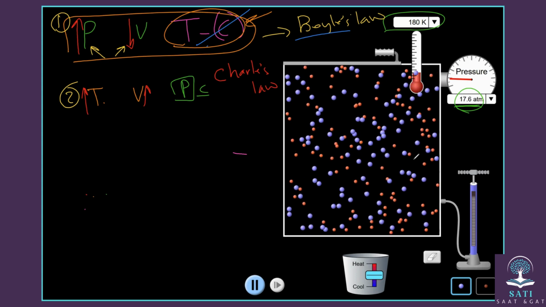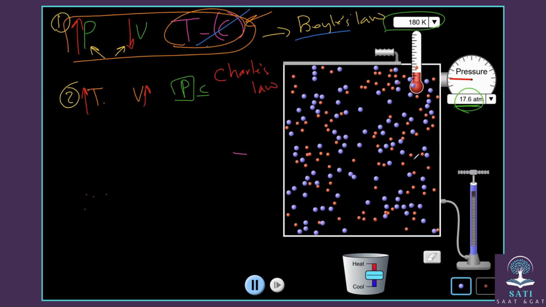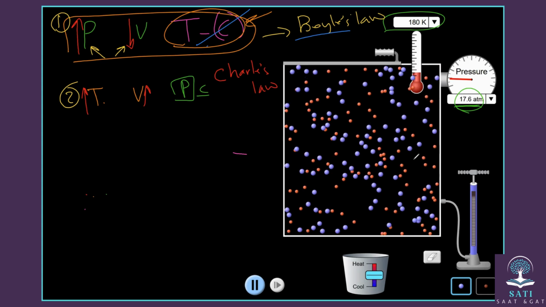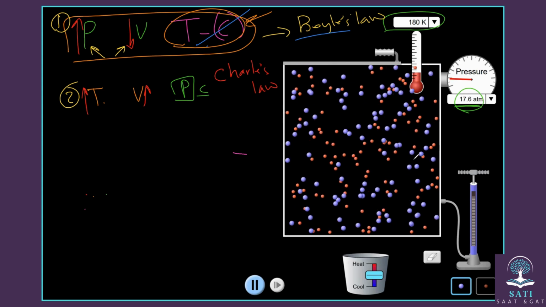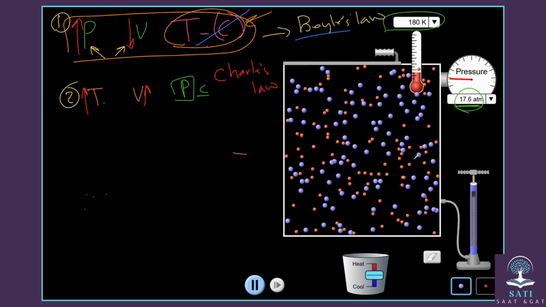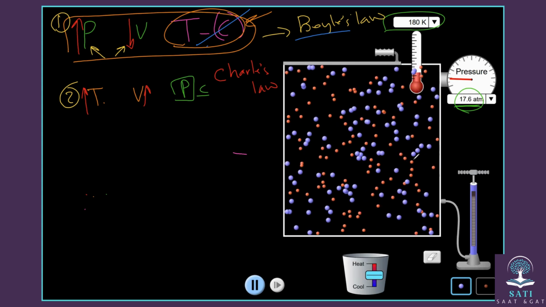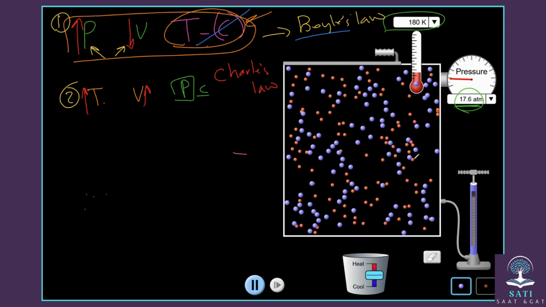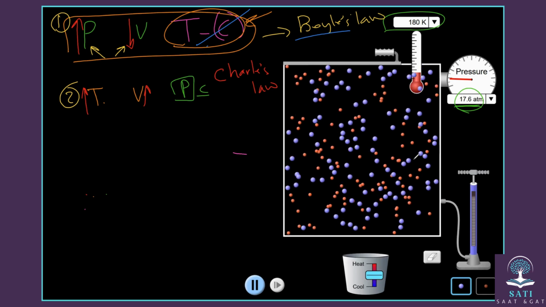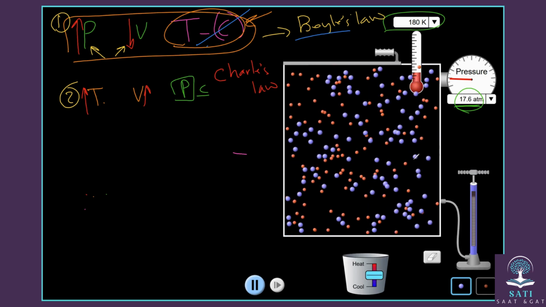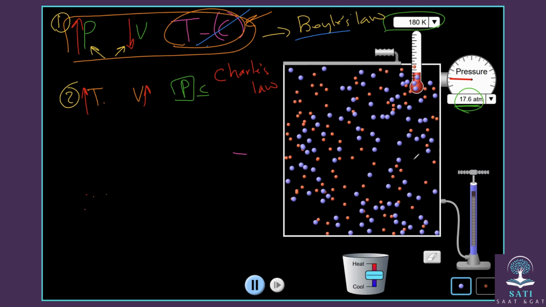So what is Charles' law? Charles' law states that at a constant pressure, the relationship between temperature and volume is directly proportional. That means if we increase the temperature, the volume will increase. And how to link this idea in your life?